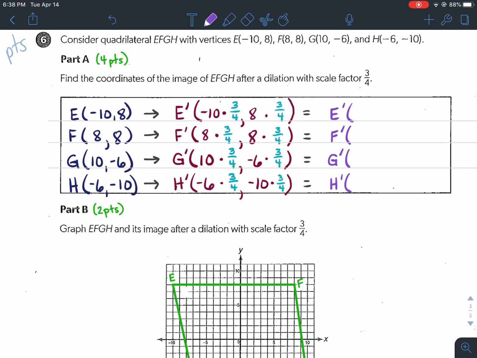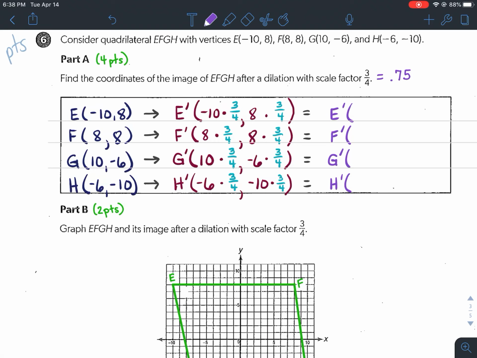Now, these are going to be kind of tricky. When you use your calculator, it could give you a fraction, and it might be easier if you use decimals instead of fractions for this problem. So I want your answers in decimal form. If you want to, instead of 3/4, you could put 0.75.